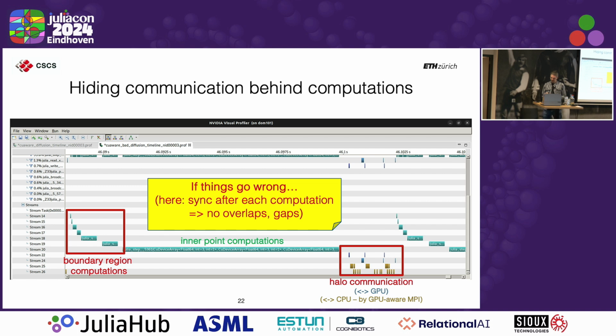You can see here, just to understand what's going on, in blue in the Halo communication part, you see what is written into GPU buffers, and the brownish part is actually the transfer from the GPU buffers to the CPU and through the network. This is all done by the GPU-aware MPI. And so the network communication is not visible, but would also be there.